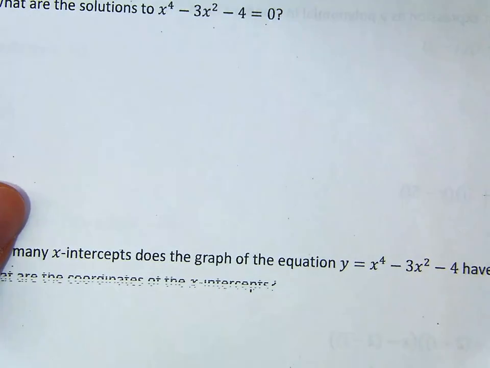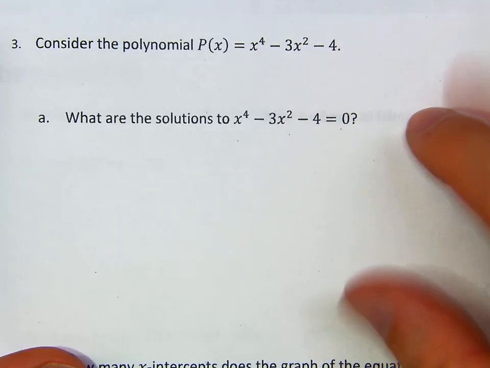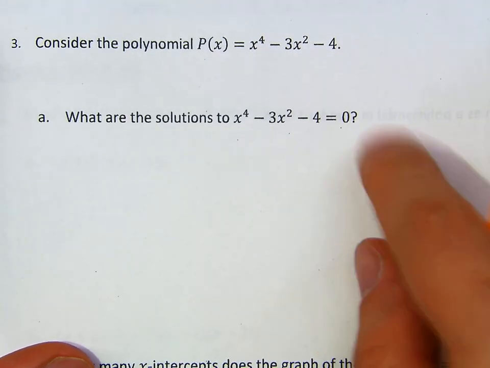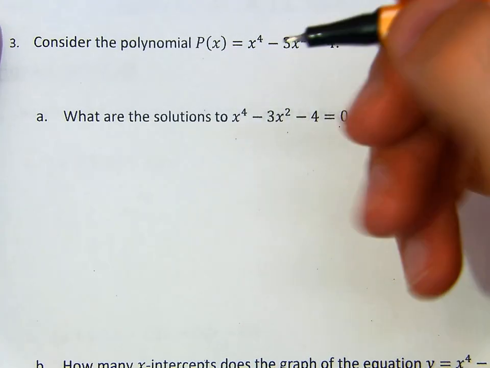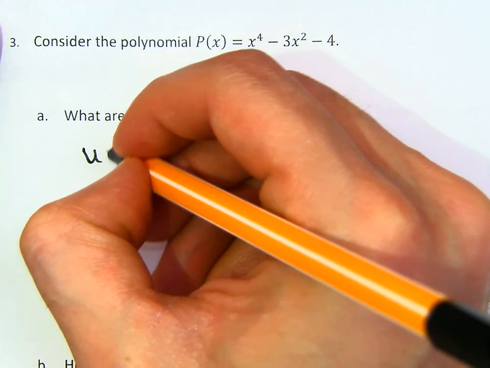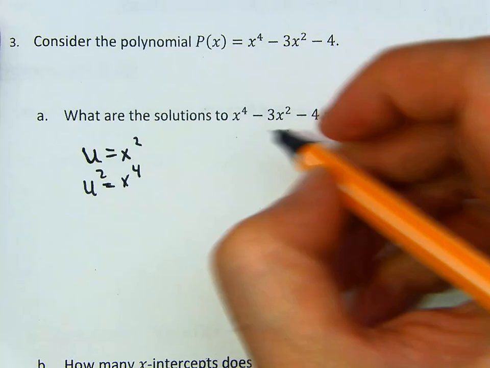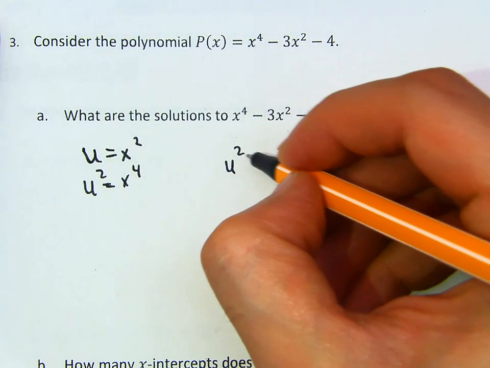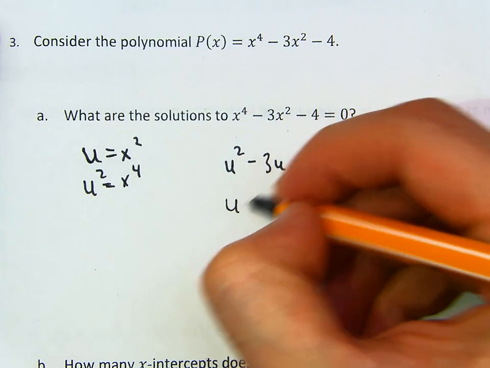Okie dokie. How do we actually continue with this lesson? Let's see. Try this one on your own. It's saying, what are the solutions, right? Okay. So we're going to use a u-substitution technique. So here you say u equals x squared, u squared equals x to the fourth. Then you say this is u squared minus 3u minus 4 equals 0. But then how does this factor?